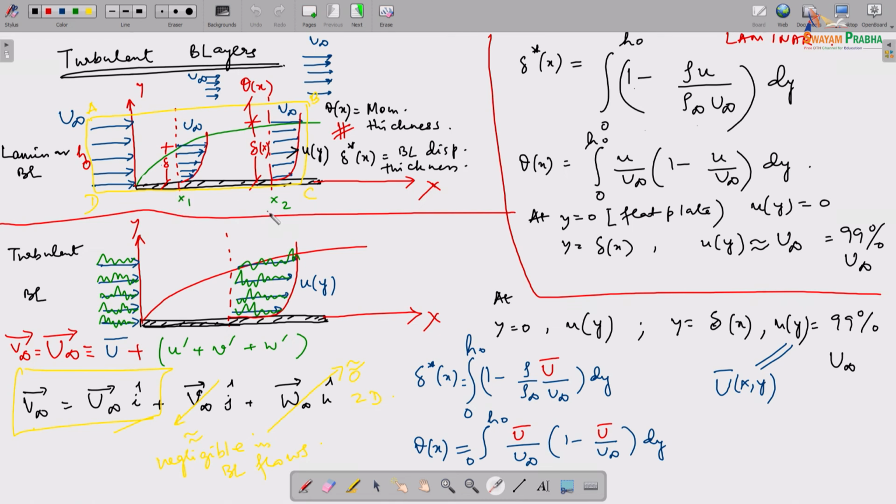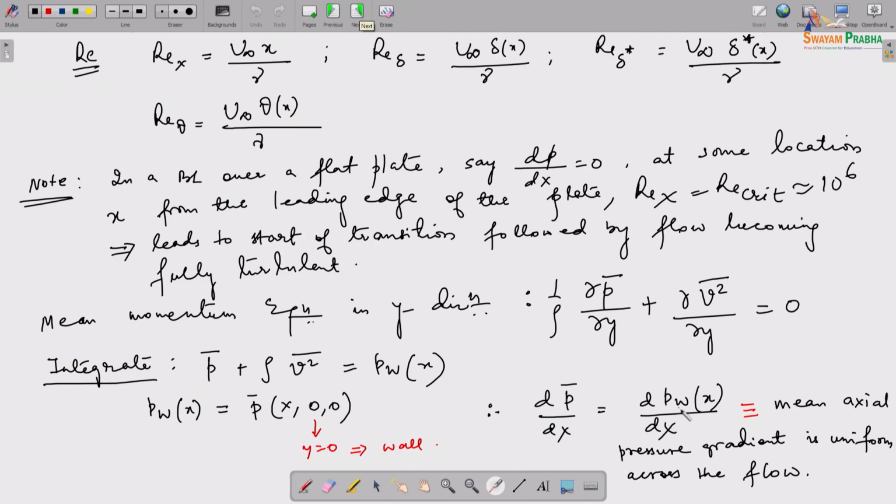So essentially dP_w at x2 you could write as P_w of x2 minus P_w of x1, by x2 minus x1. Is that right? Now, this does not depend on the y. You understand what I am saying? I might as well just write that.